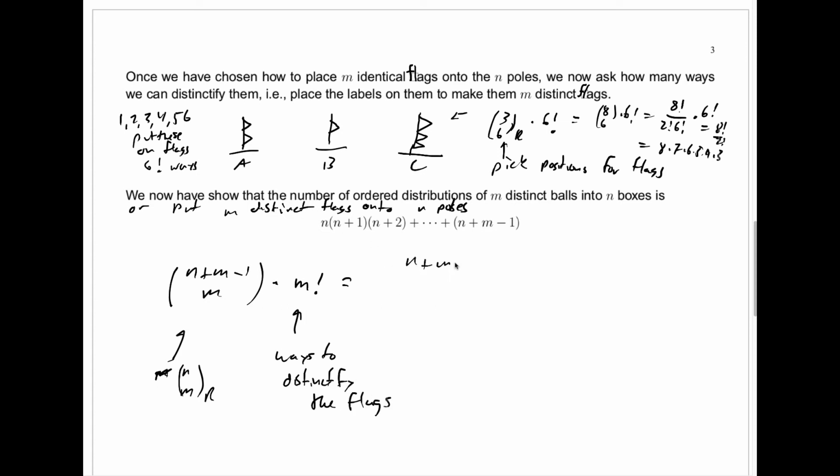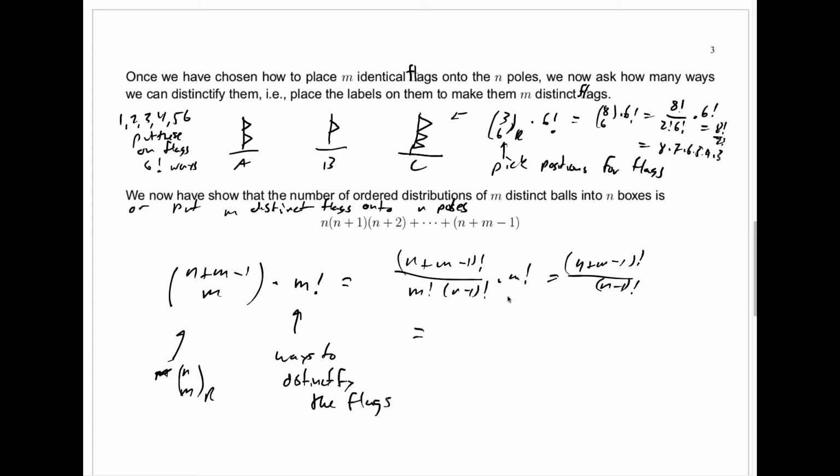n plus m minus 1 factorial over m factorial times n minus 1 factorial times m factorial, so the m factorials cancel, and we get n plus m minus 1 factorial divided by n minus 1 factorial. And we can write that as the product.